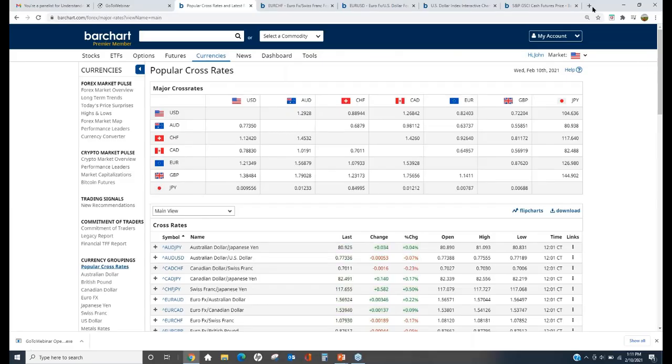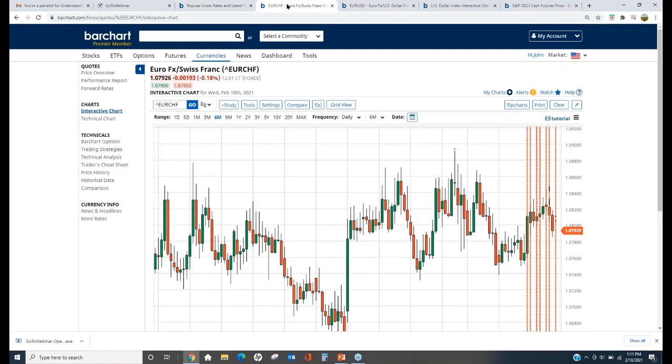So let me show you an example of that one. What I've done here is the Swiss franc versus the euro. Now you can just come to the cross right here and click on this, and it will take you right to that currency. Now I've already opened a tab for us, and I want to show you.